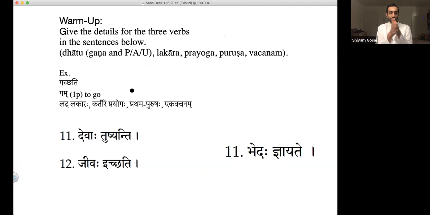Now there are two types of words: tinganta padam and subantam padam. Let's focus on tinganta padam. Tinganta padam is made up of dhatu plus ting pratyaya.